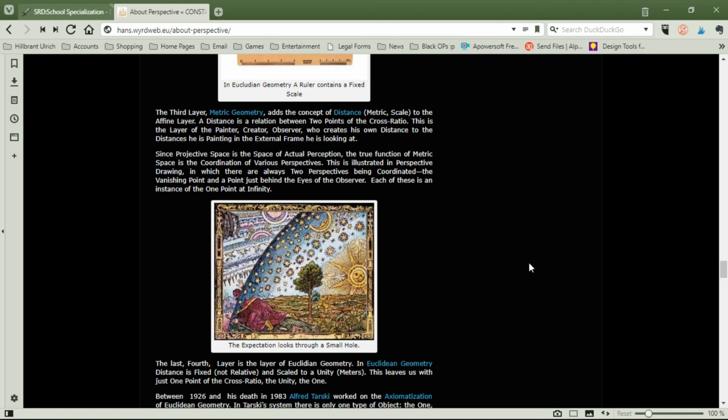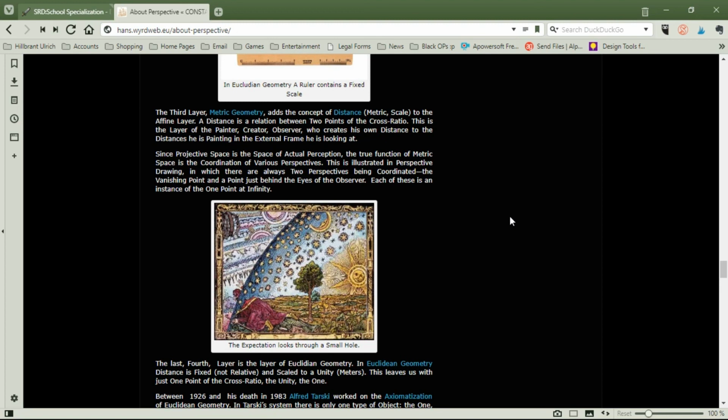So you could say here threads of fate, right? Because we have many observers. Since projective space is the space of actual perception, the true function of metric space is the coordination of various perspectives.